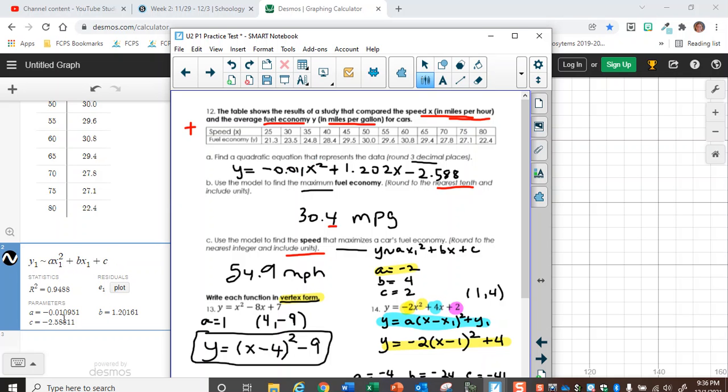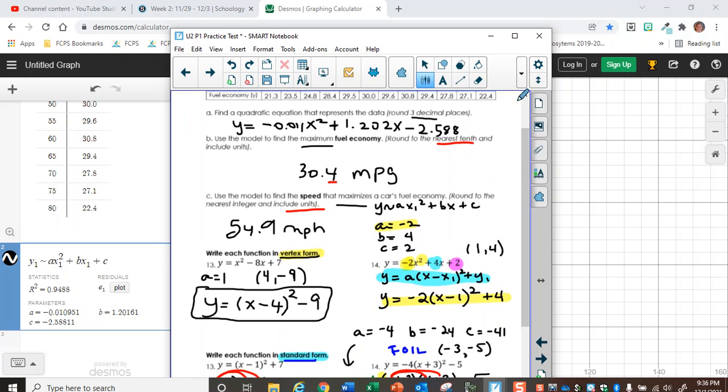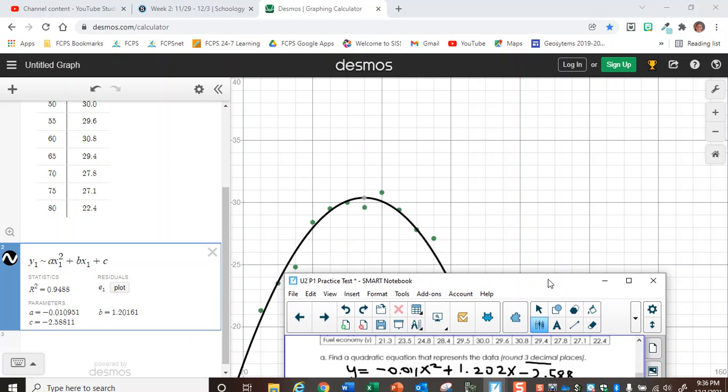And then here is your a and your b and your c. And that is it. And then usually what you're interested in as far as answering the question, it usually is going to be the vertex. You want to maximize or minimize something.